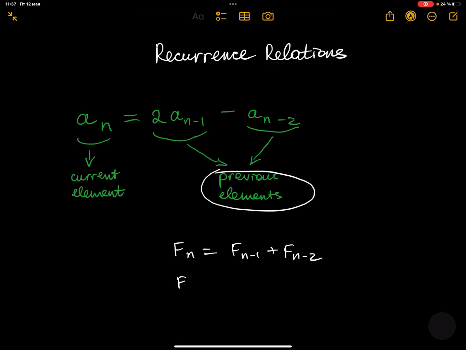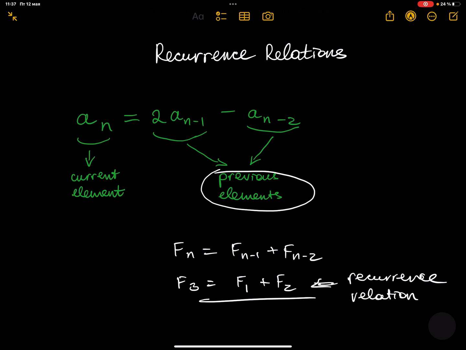If you want to find f3, you need f1 and f2, because counting in computer science starts from zero. This is also a recurrence relation, because this is a sequence where the value of the current element depends on the value of previous elements. So we have to solve them.